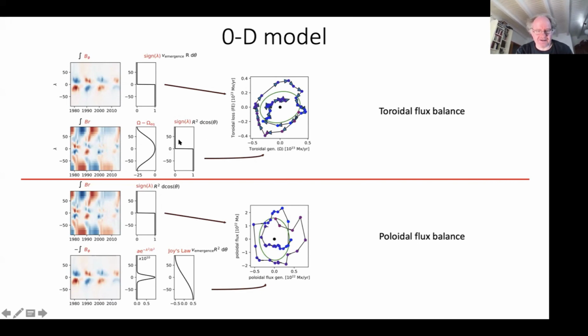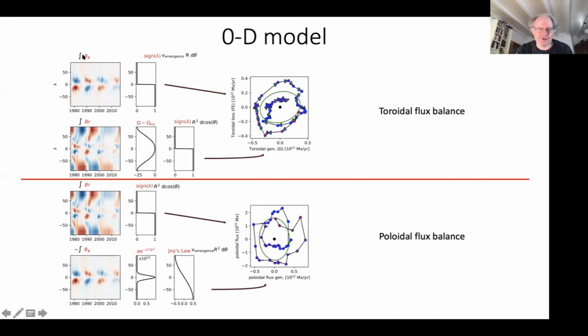This geometrical factor, and we're looking at, okay, in this case, we're looking at the southern hemisphere. This is because I'm Australian. And if you take this, you multiply by this, you multiply by this, and you do the integral, you find out the amount of toroidal flux which is being generated, Stokes' theorem, and this is about minus 0.5 to plus 0.5 times 10^23 maxwells per year. You get the correct value if you integrate over a cycle.